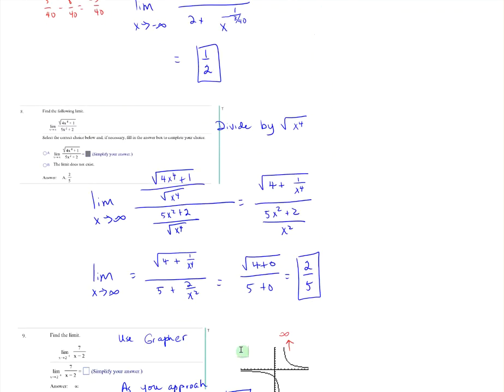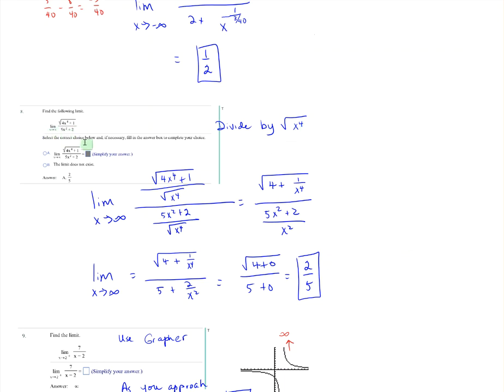All right, number 8, we have another strategy we want to use. So on the top, we have the square root of 4x to the 4th plus 1. On the bottom, we have 5x squared plus 2. Hopefully you can see that the square root of x to the 4th is x squared.